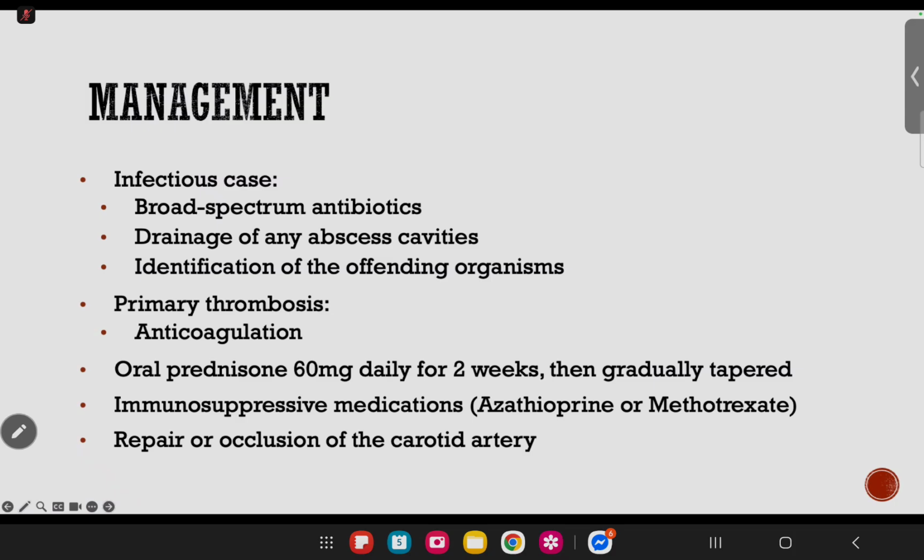A dramatic improvement in pain is usually evident within a few days of oral prednisone, 60 milligrams daily for 2 weeks, then gradually tapered over a month or longer. Occasionally, immunosuppressive medication such as azathioprine or methotrexate needs to be added to maintain an initial response to the steroids. Repair or occlusion of the carotid artery may be required for treatment of fistulas or aneurysm.